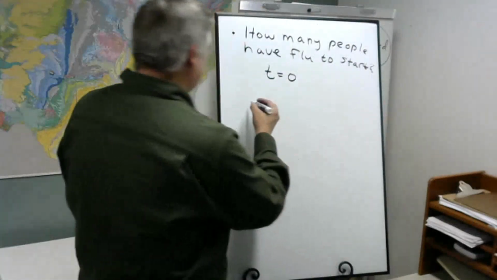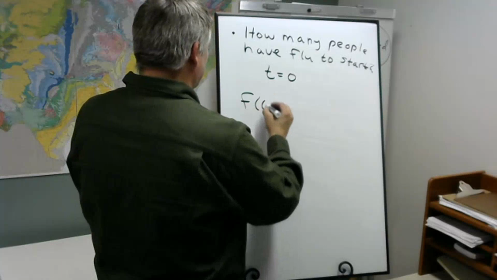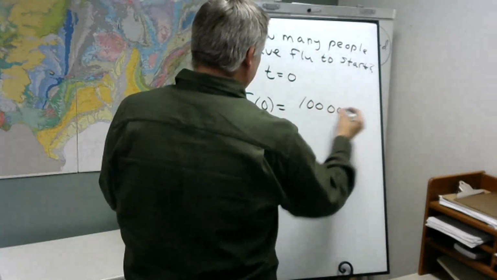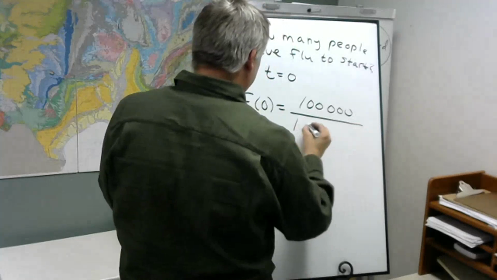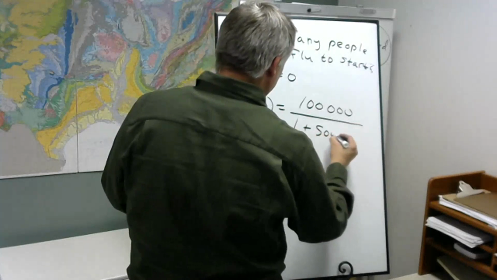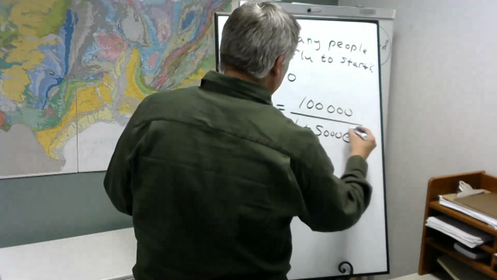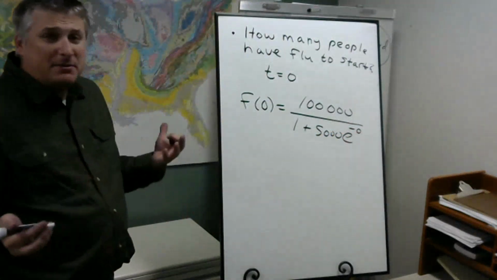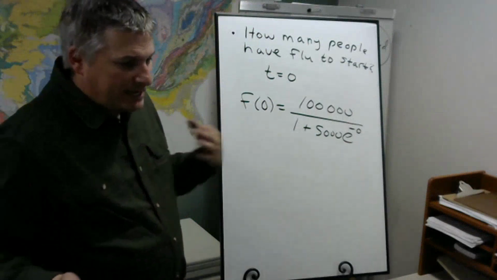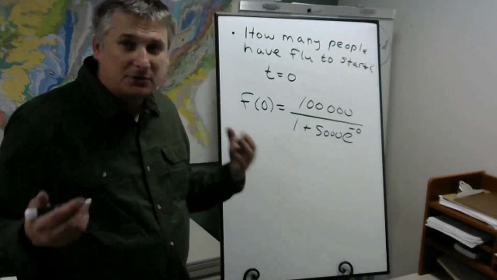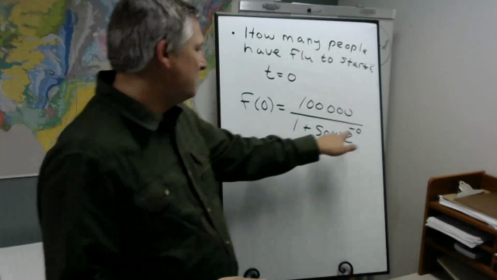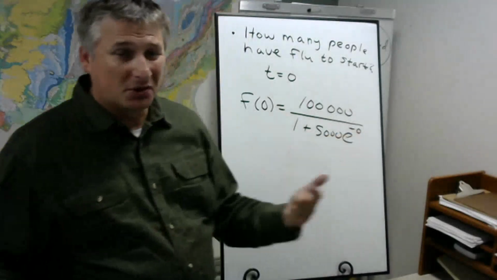Well, f of 0 involves e to the minus 0. Now, e to the 0 is just 1. Anything that has a 0 exponent is going to be 1, except for 0. 0 to the 0 is undefined. And minus times 0 is just 0.